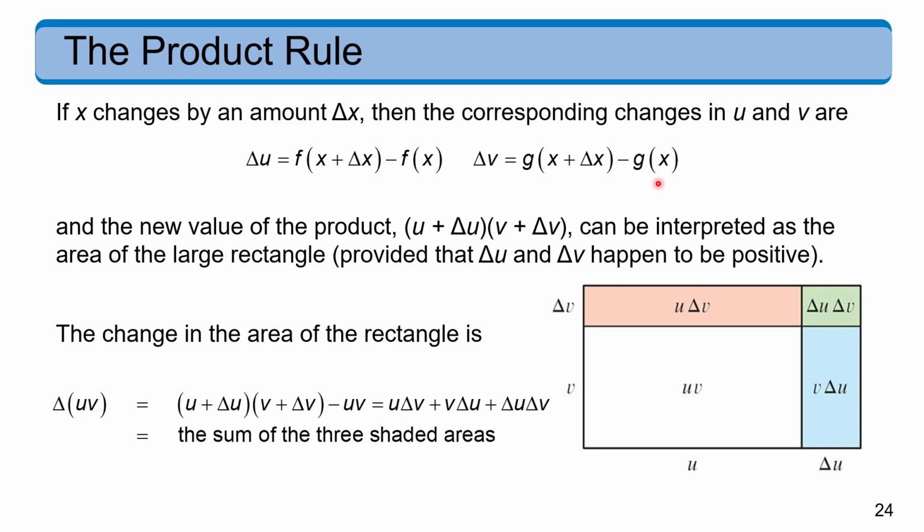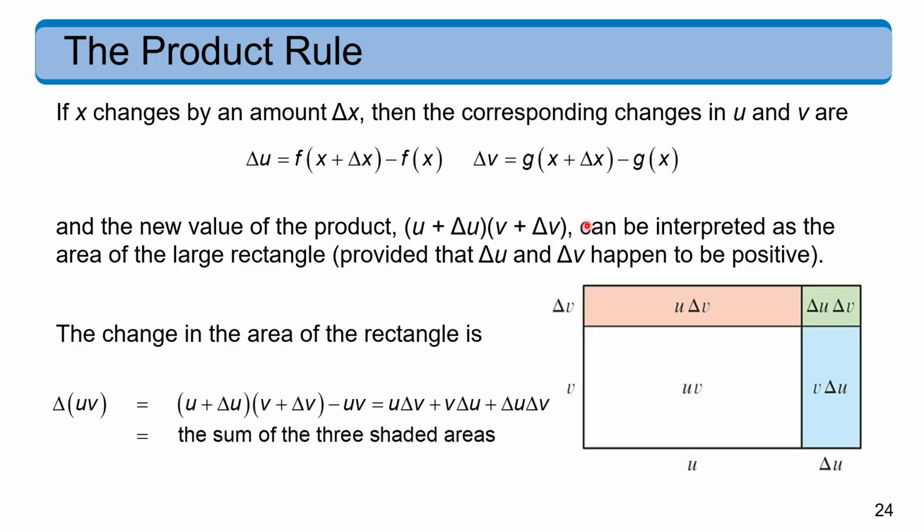So now we have the amount that u and v changed. So the new product, let's think about that now. It would be the shifted value of u, right? The value of u at the end, which is u plus the amount that it changed. And then we multiply that by the new value of v, which is the original v plus the amount that v changed. This product is the new product.